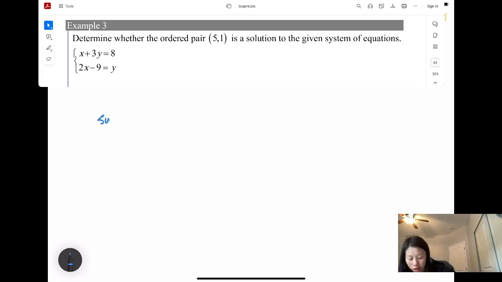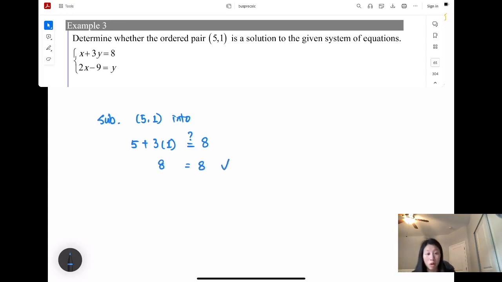So now let's substitute (5, 1) into both equations. To substitute into the first, we have x equals 5, and then plus 3 times 1. Does this equal 8? Yes, this equals 8. So that means the ordered pair satisfies the first equation.